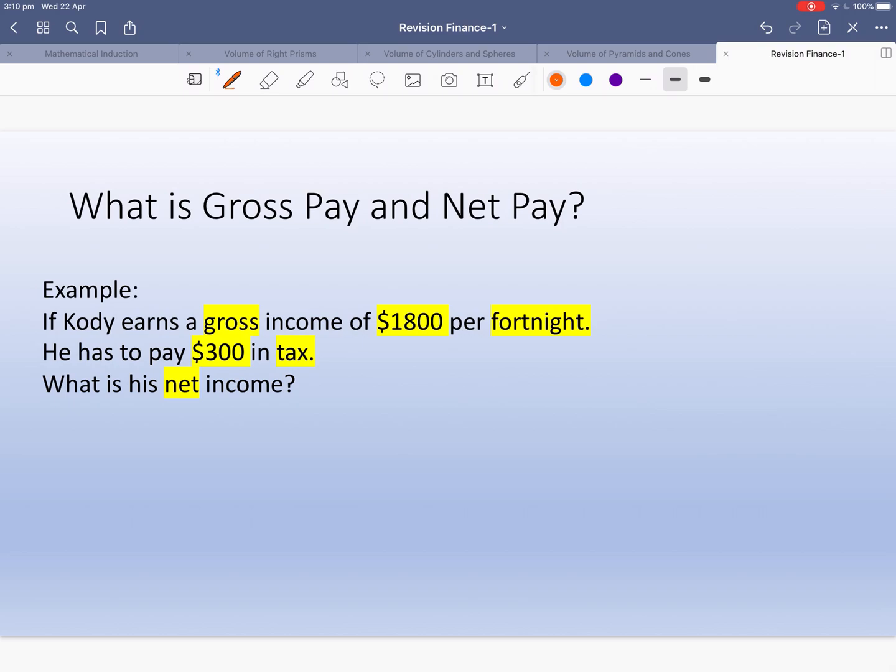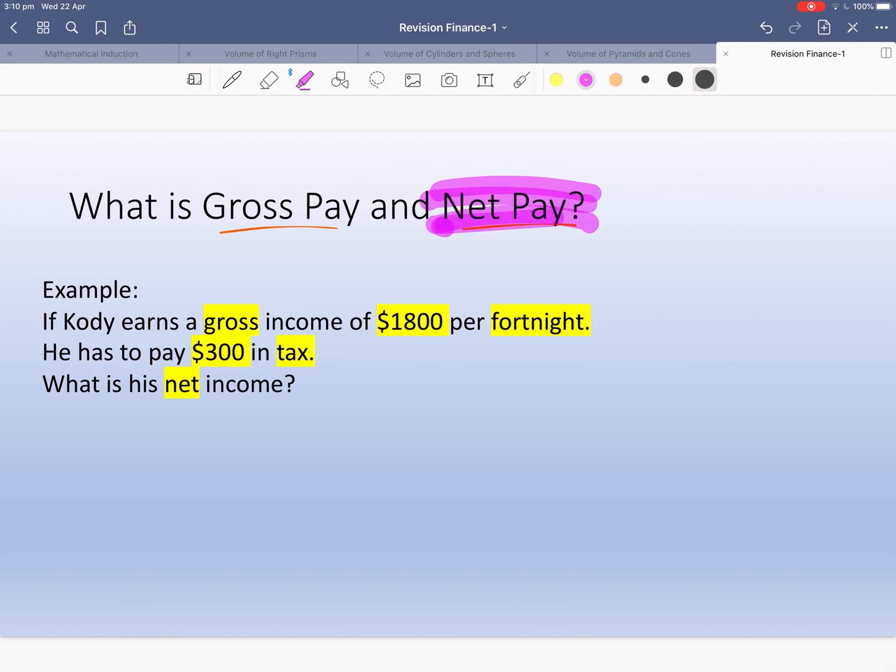All right, I've got an example of gross pay and net pay. Now, gross pay is what you sign for and everything that you earn before tax, before any money is taken out of you. So anybody that earns money, including myself, we get a gross pay, but in actual fact, the net pay is actually all we see.